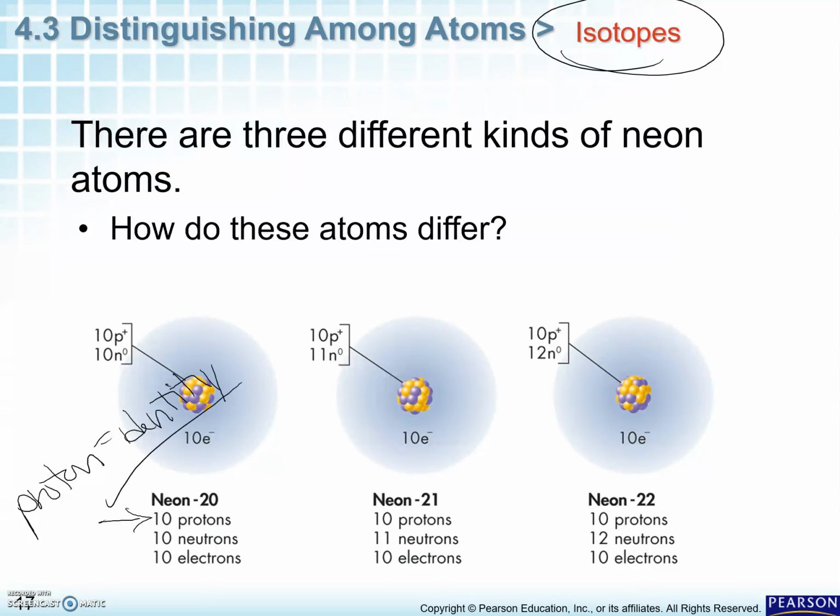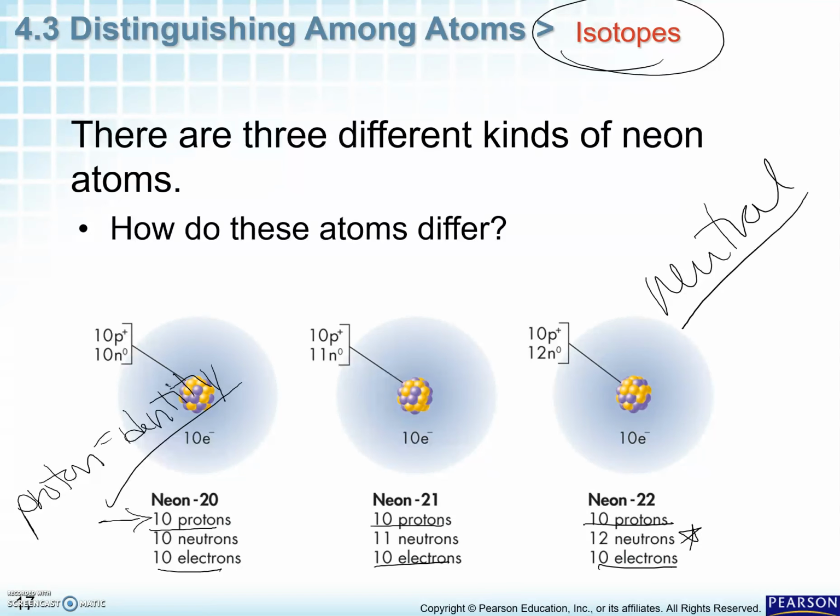That's just like how your name is how you are called, your identity. Protons are the atomic version. So if you look, each one of these has the same number of protons. They also have the same number of electrons because they are neutral.